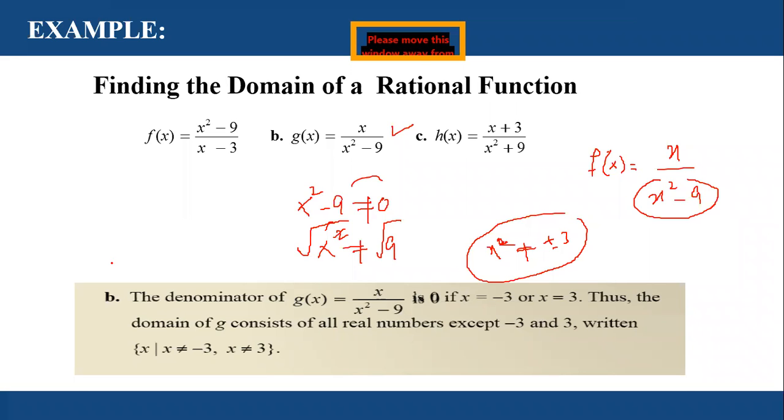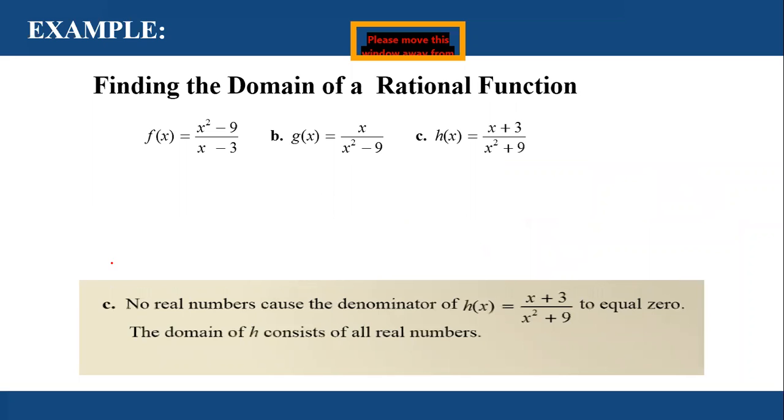So for the third function, we have x plus 3 divided by x square plus 9. We cannot simplify this one. Or can we write it as x plus 3 divided by x square plus 3 square?